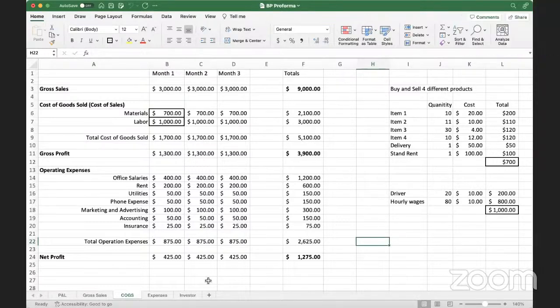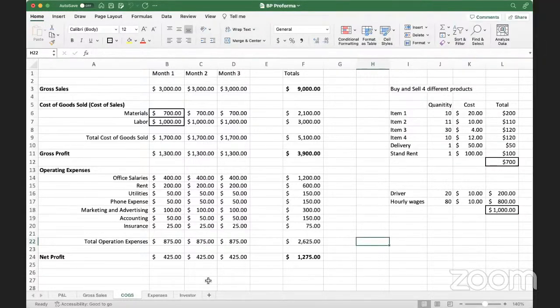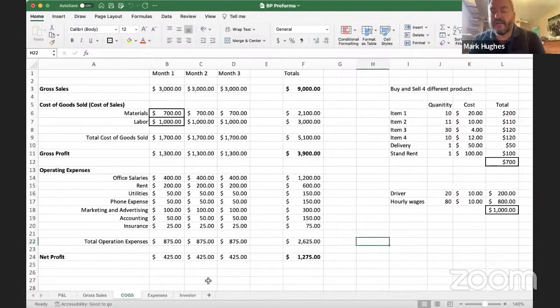Then you have hourly wages. That could be the cost of somebody standing there to sell it.